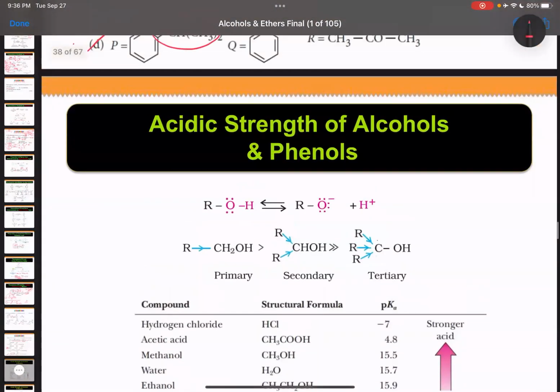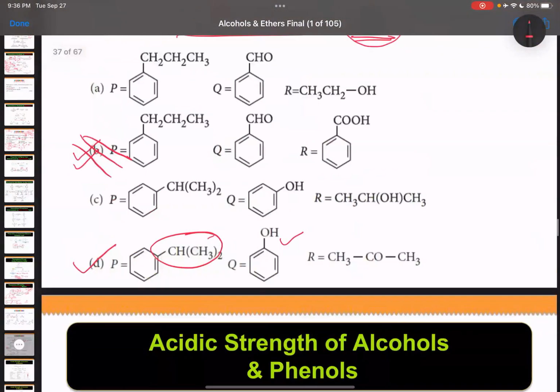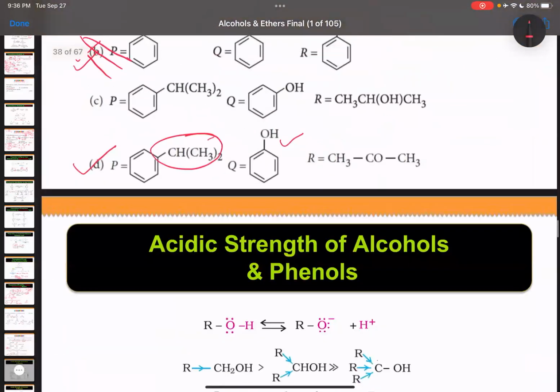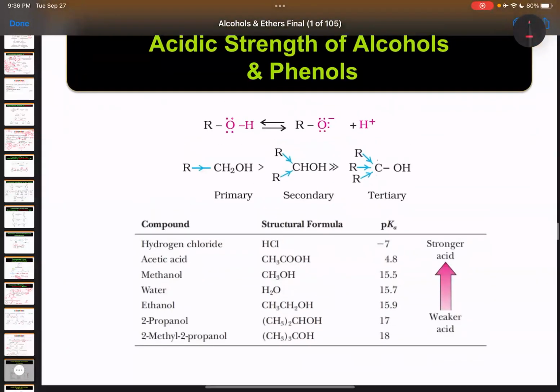So this is the preparation of phenol. Now let's talk about the acidic strength. Alcohols are acidic. If you are breaking H plus, the acidic strength is going to be more for primary, less for secondary, and least for tertiary.